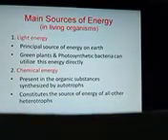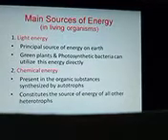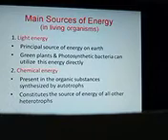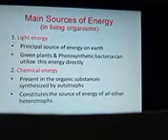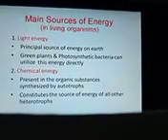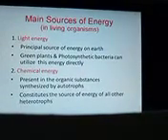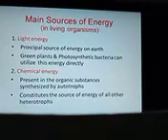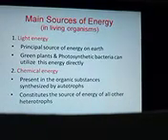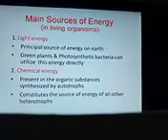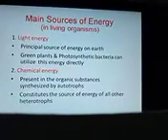The main sources of energy in living organisms are light energy and chemical energy. Light energy is the principal source of energy on Earth, and photosynthetic organisms, for example green plants and photosynthetic bacteria, can utilize this light energy directly. Other organisms, also called heterotrophs, depend on these photoautotrophs.